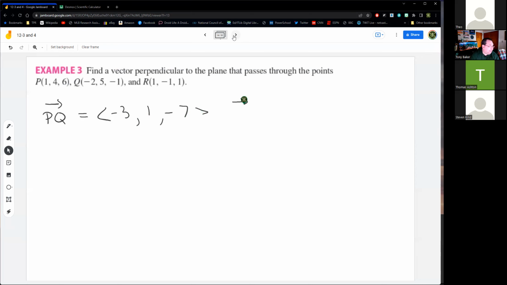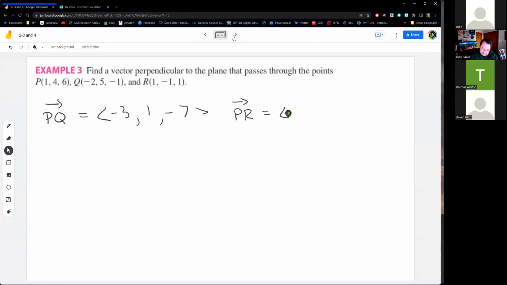And then I will find vector PR. Now, it doesn't actually matter which two vectors you use. I could have used vector PQ and QR, or QR and PQ. It doesn't make a difference, because we're looking for a vector that's perpendicular to the plane. So all these vectors are going to be in that same plane.